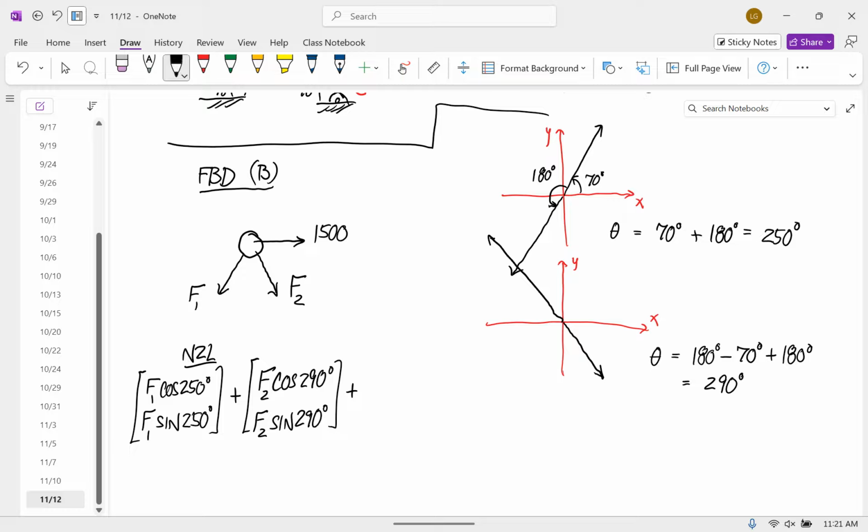Do you want us to make sure it's positive? No, you can do it however it makes sense to you. I just bring this up as a way, if you ever get lost or turned around and can't see what the angle is, this way of doing it will always get you there slowly and methodically.